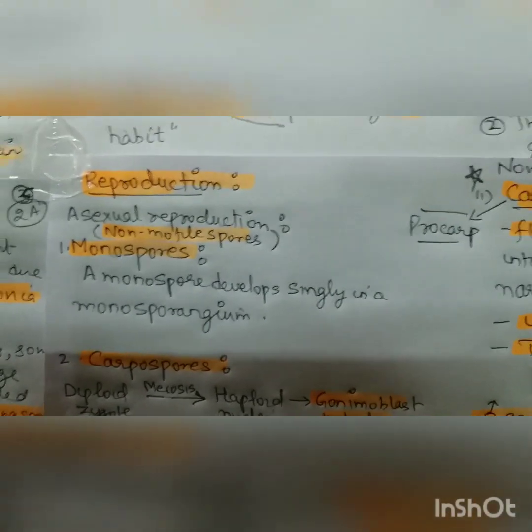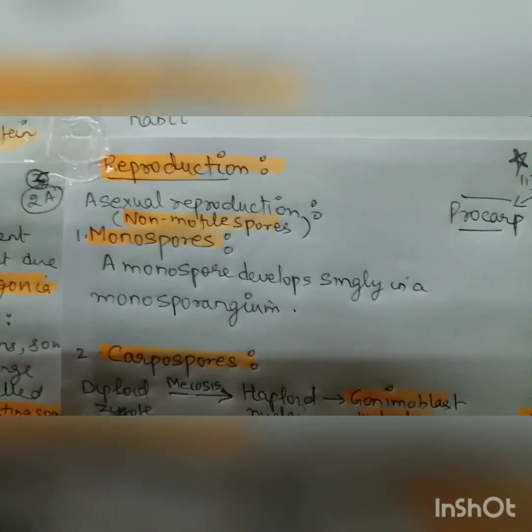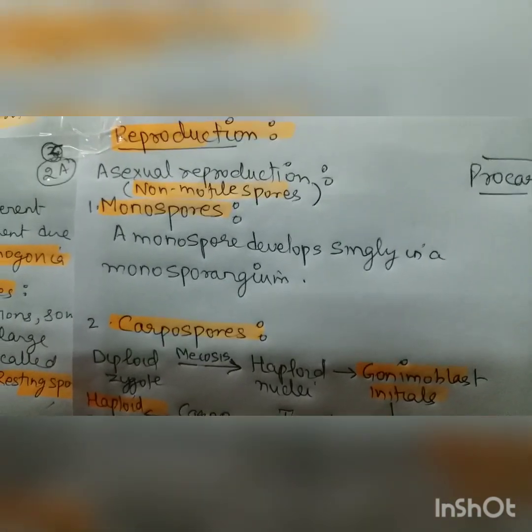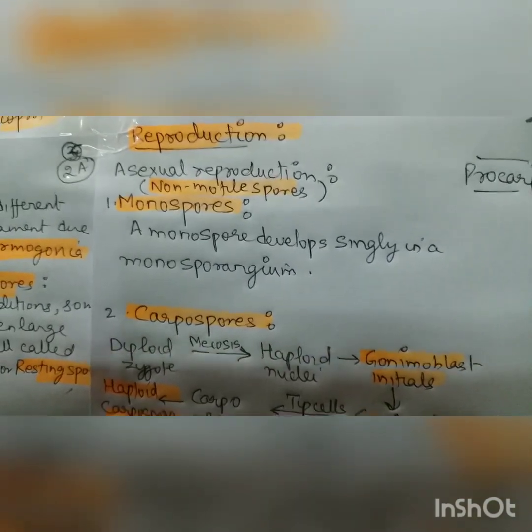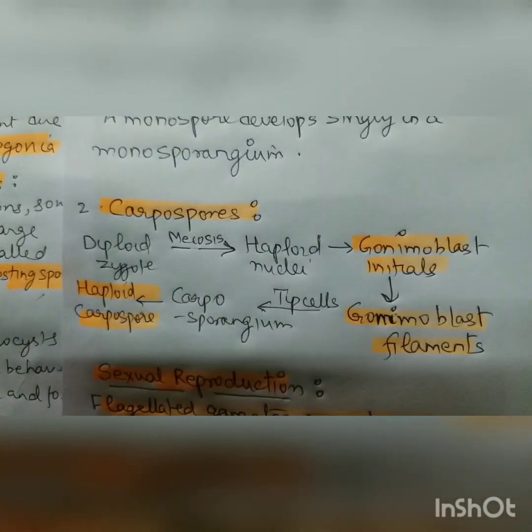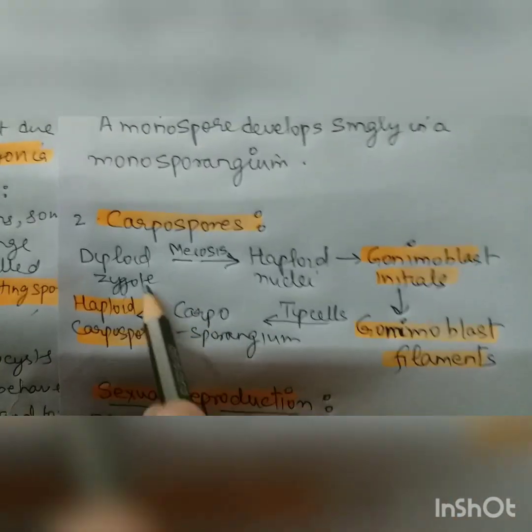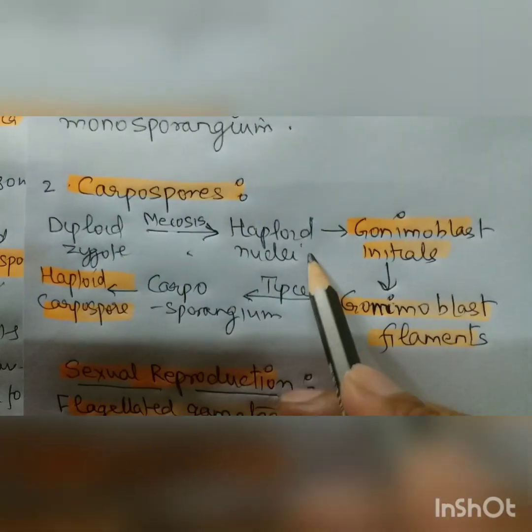Then we again come back to our branch, that is the reproduction part. In reproduction there is asexual reproduction, which is by means of non-motile spores, and that is monospores. Monospores are the spores which develop singly in the monosporangium. And the second are the carpospores, very important. Here the diploid zygote undergoes meiosis, and it will form haploid nuclei.